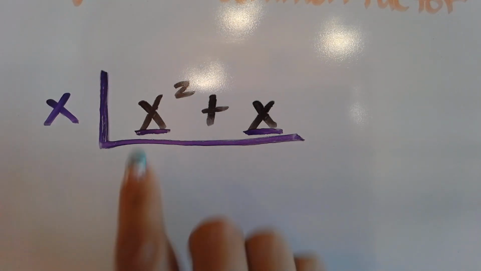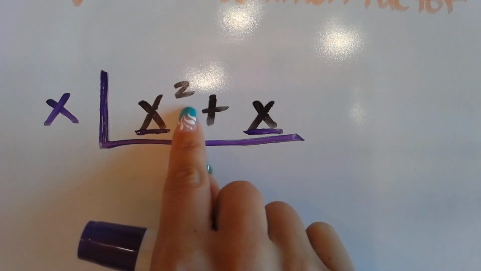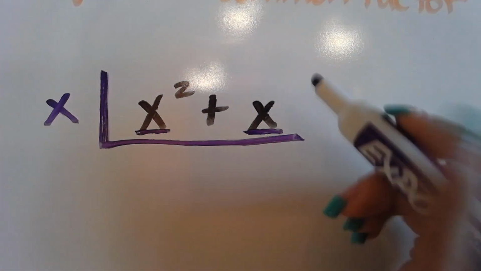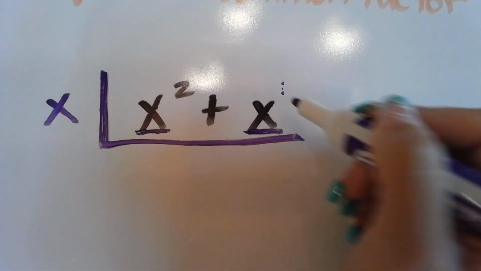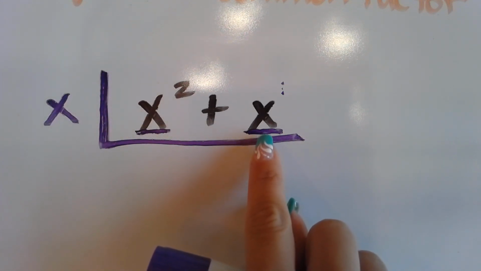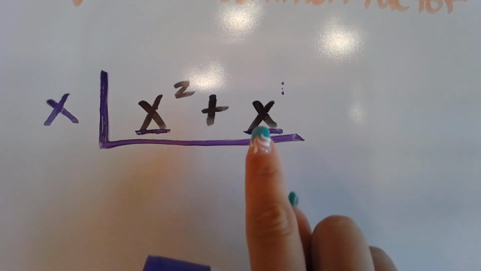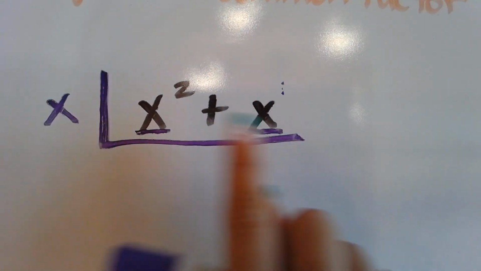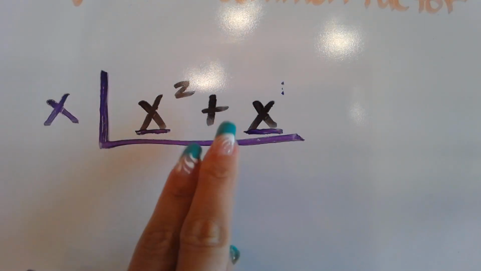This one has an x squared, and this one has an exponent of just that imaginary 1. That's why we're only pulling out the smallest number. Even though it's the greatest common factor, it's still the smallest one of these two.